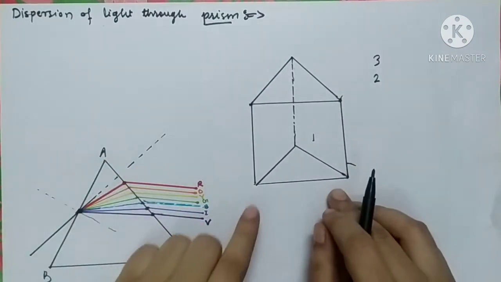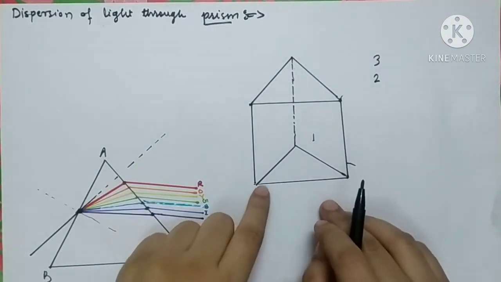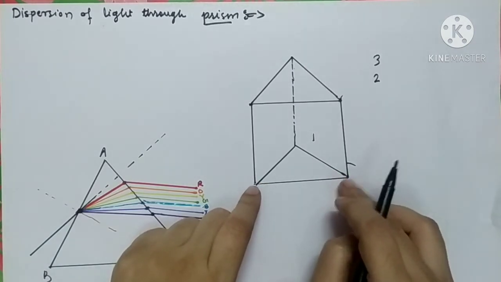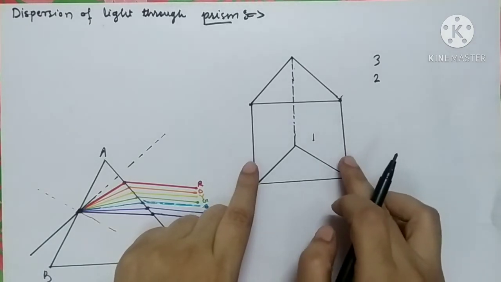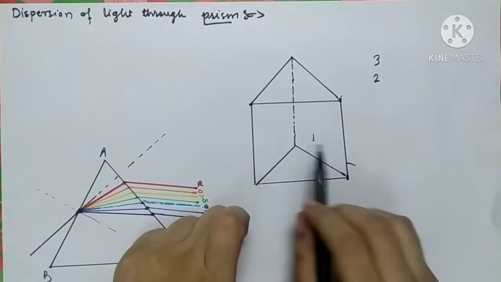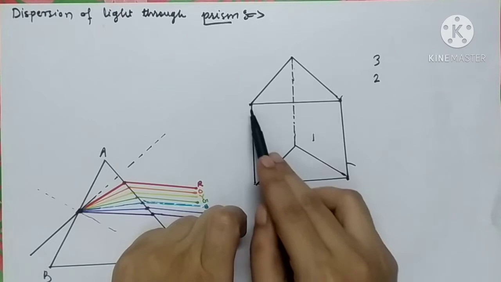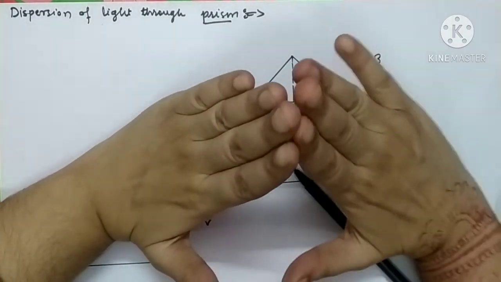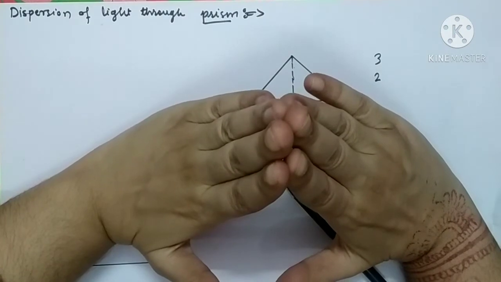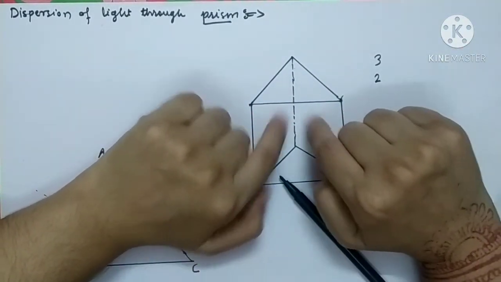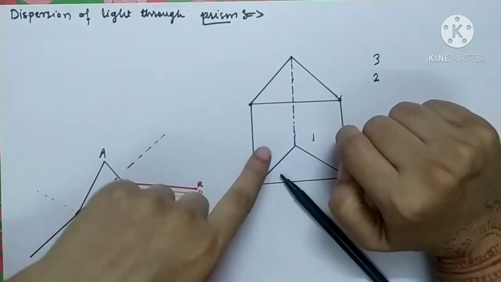When a prism is placed like this as shown in the diagram, the third rectangular surface at the base is not going to take part in the process of refraction. Only these two surfaces which are inclined to each other are going to take part in the process of refraction of light.